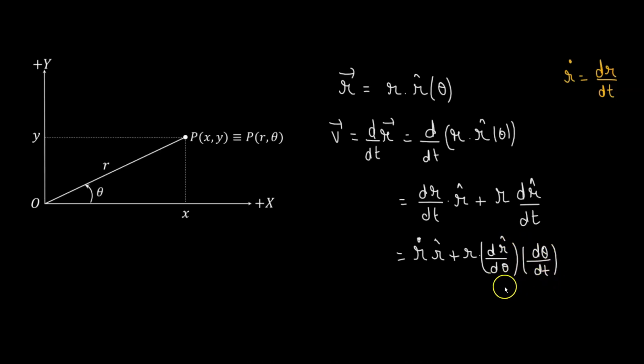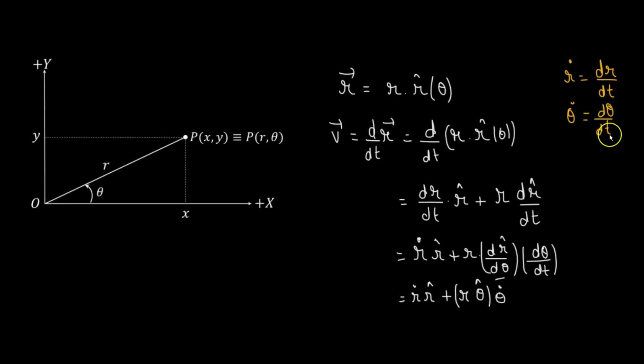So here we have used the chain rule, and this is done specifically so that in place of dr cap over d theta, we can replace this with theta cap. So that means we will get r dot r cap plus r theta cap times theta dot, where theta dot is equal to d theta over dt.